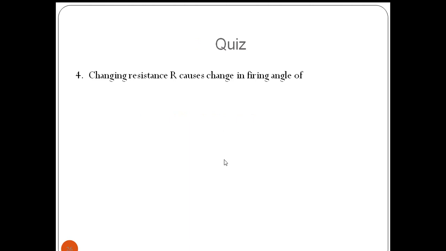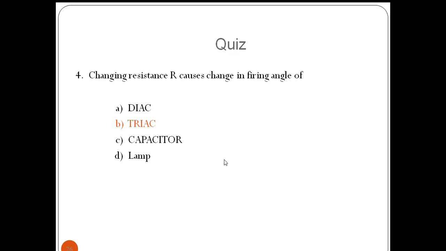The changing resistance R causes a change in the firing angle of: diac, triac, capacitor, or lamp. It will affect the conduction of the triac, but before the triac conducts we need the diac. First the diac has to be triggered, then it triggers the triac. So changing the resistance mainly affects the triac.